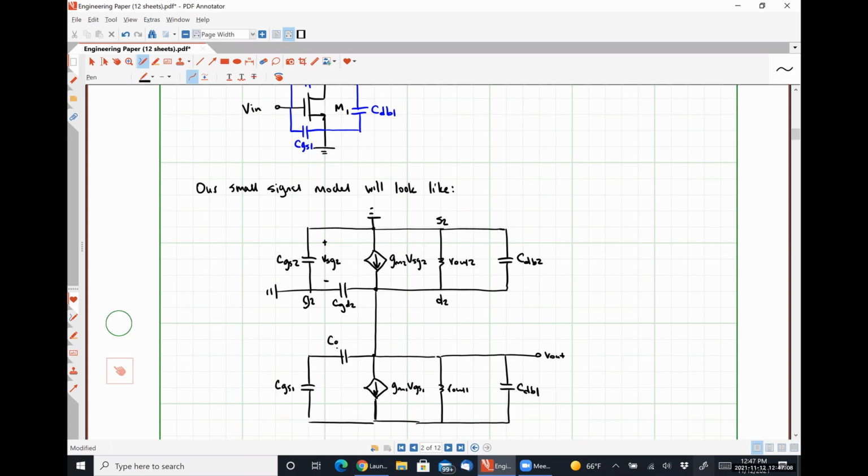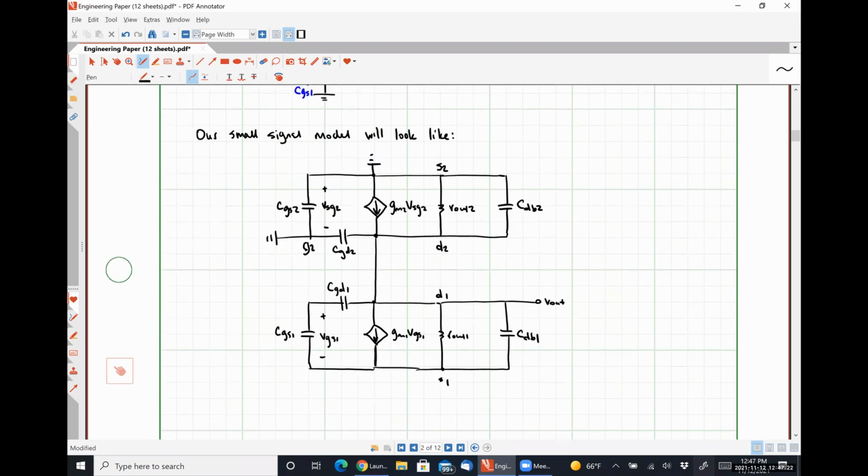CGS1, CGD1 goes here. This is where VGS1 occurs. This is the drain of M1, the source of M1, ground. And here's where our input voltage is applied.